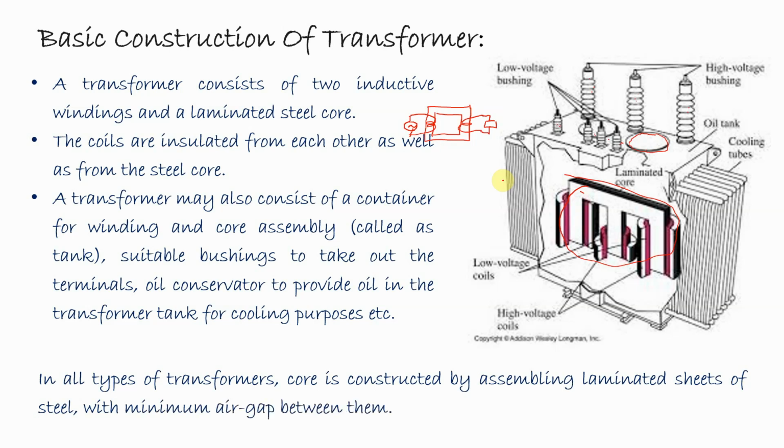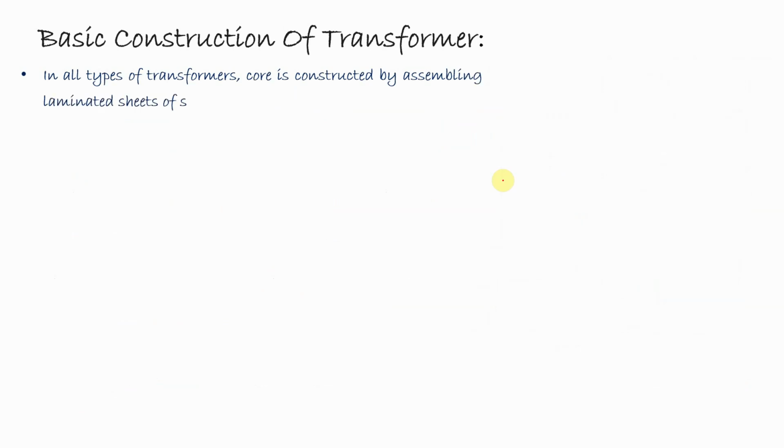So let's see. As we have already discussed, the core is constructed by assembling the laminated sheets of steel with minimum air gap between them.